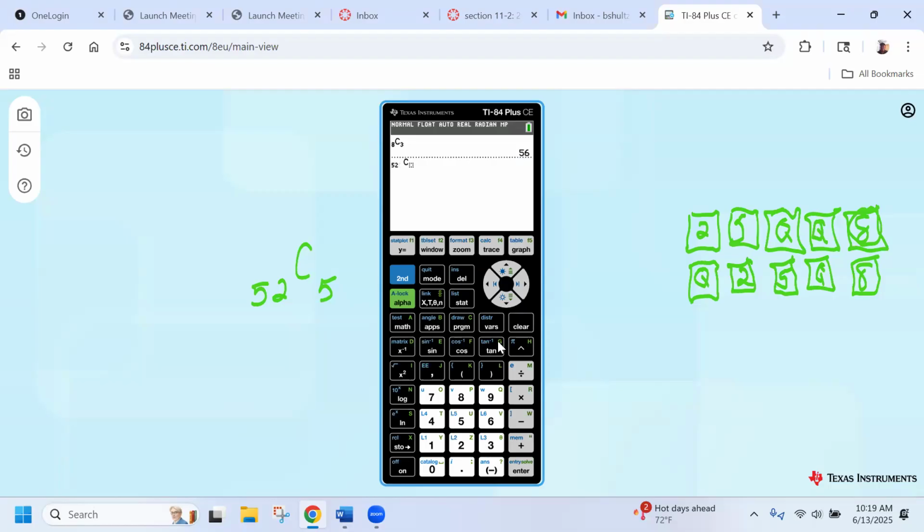I've got 52 for my N, and I am going to take 5 at a time. And there are 2,598,960 different 5-card hands that I can have with those 52 cards.